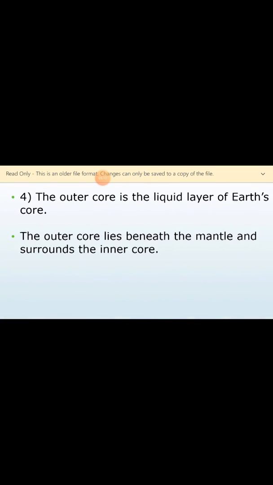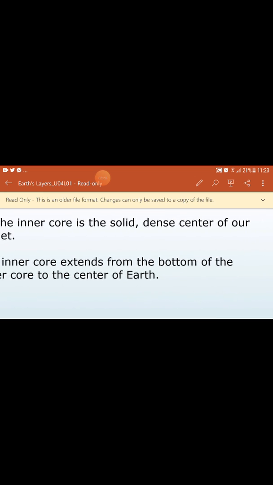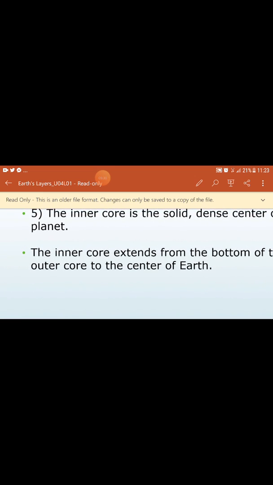The outer core is the liquid layer of the earth's core. It lies beneath the mantle and surrounds the inner core. Finally, the inner core is solid, as well. This is not new. It's the solid and very dense center of our planet.